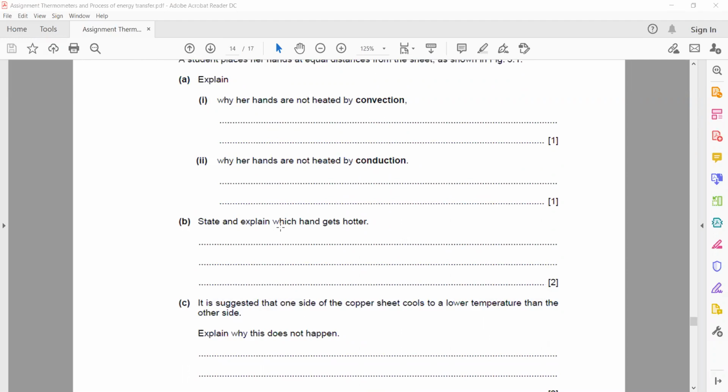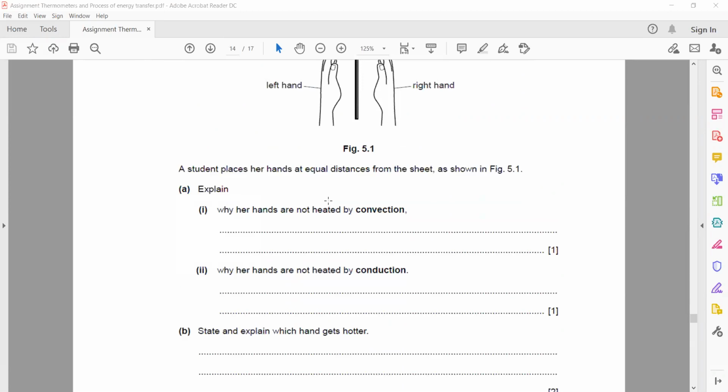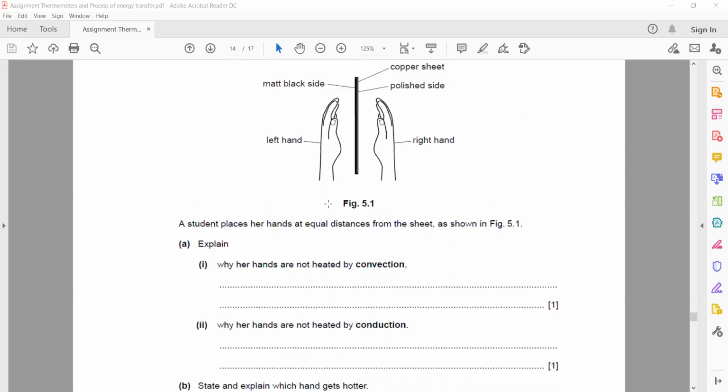State and explain which hand gets hotter. The polished surface is on the right and the matte black is on the left.